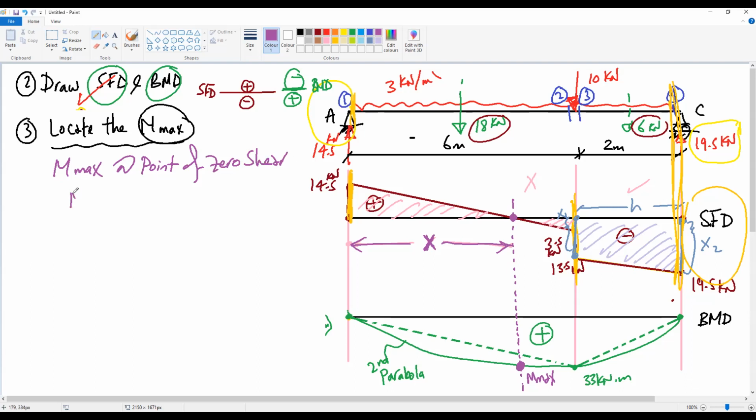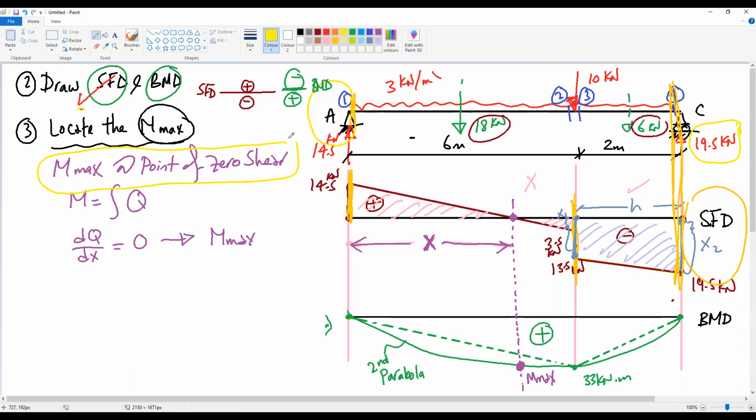Because we said before that the shear is the derivative of the moment. So to get Mmax, you have to take the shear function, Q, and equate it with 0. From this rule, we know that the zero shear point is the location of the maximum moment.